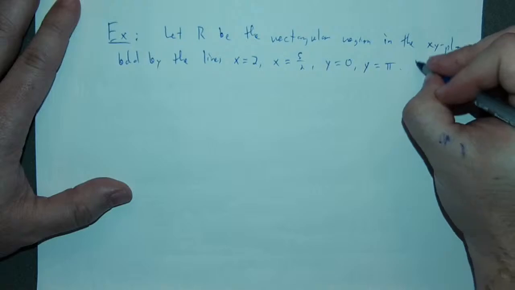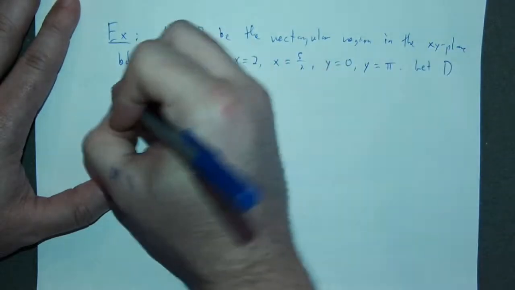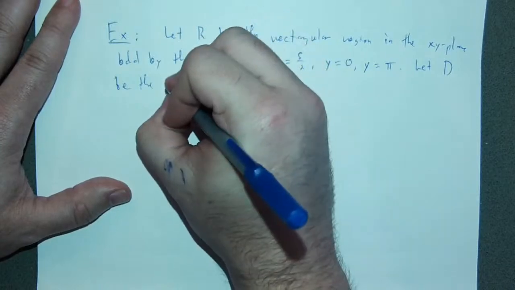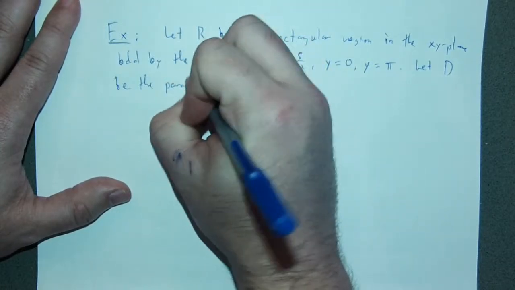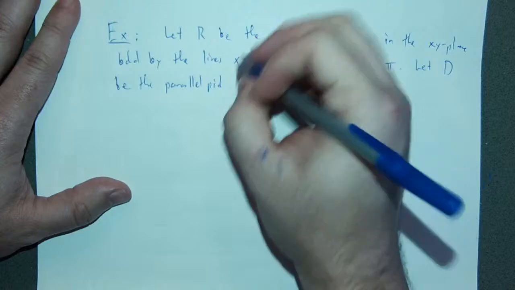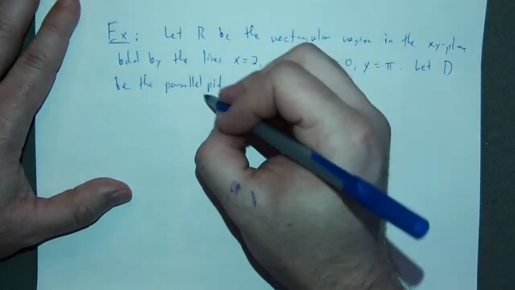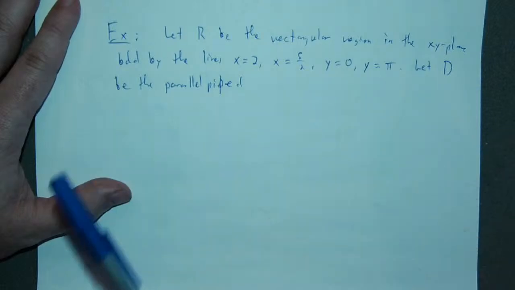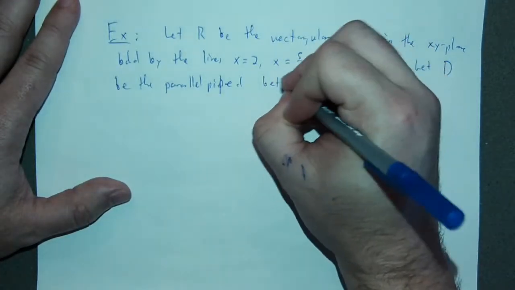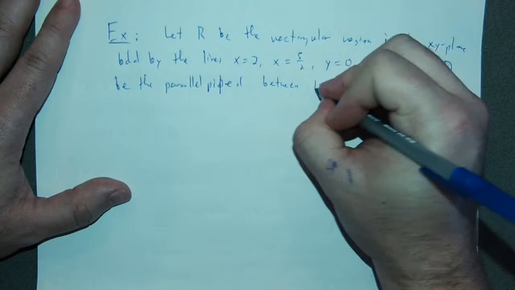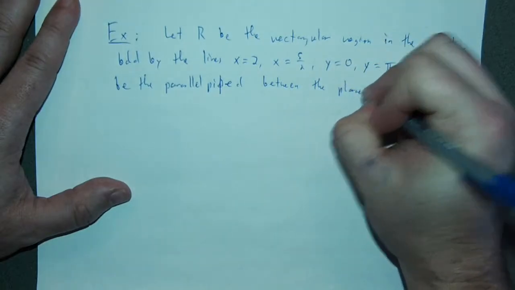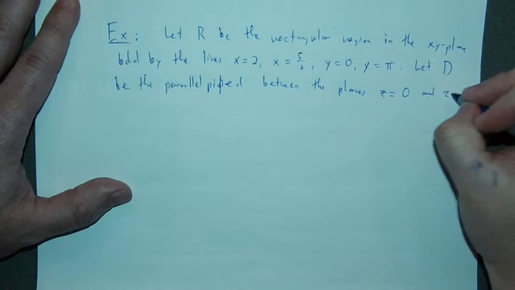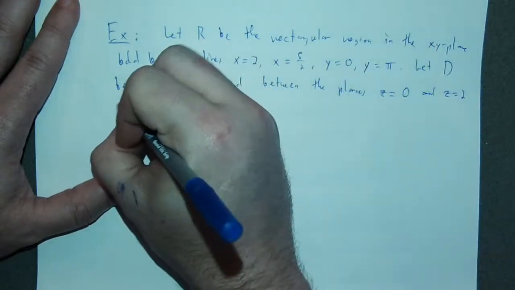And let D be the solid region. Let's just say it's the parallelepiped. So let it be the parallelepiped between the planes z equals 0 and z equals 2 on R.